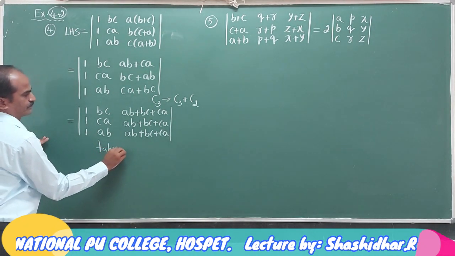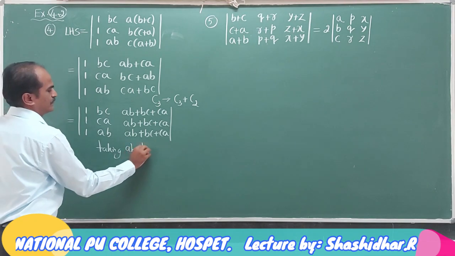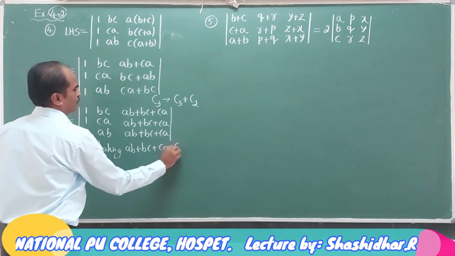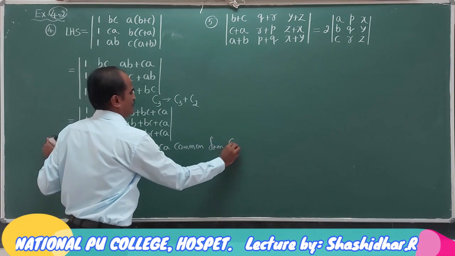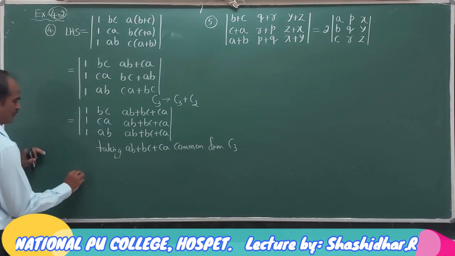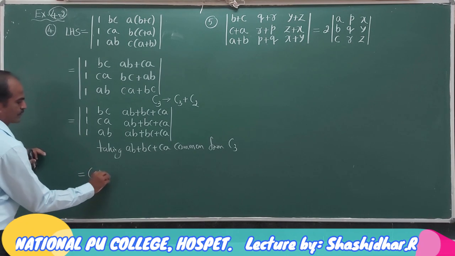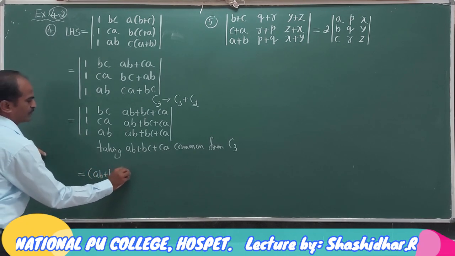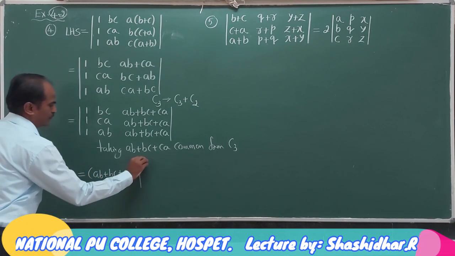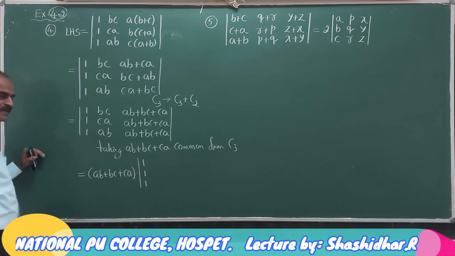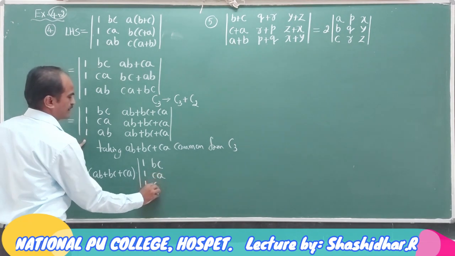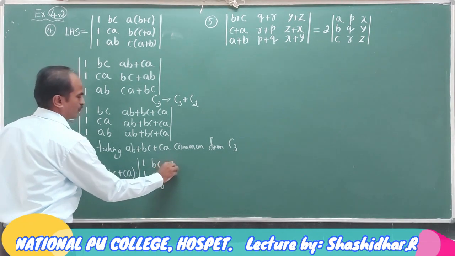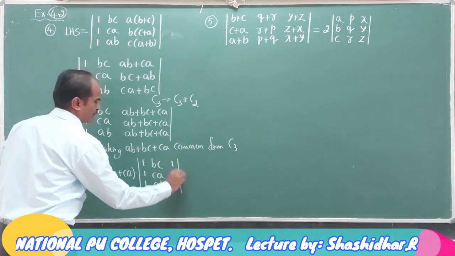Taking AB plus BC plus CA common from C3, it comes outside the determinant, AB plus BC plus CA into determinant whose first column 1, 1, 1, second column BC, CA, AB, third column what we left here 1, 1, 1.